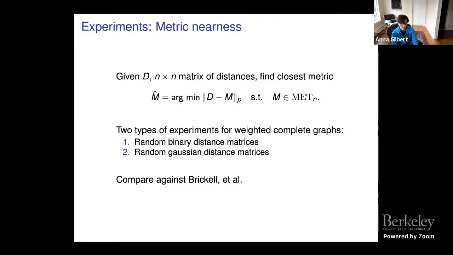And it's actually the problem that got me thinking about this area originally, as well as sitting through a bunch of bioinformatics talks. So just to remind you, you're given a matrix D of distances, and you want to find the closest metric, closest in some L_p norm, to the input matrix.